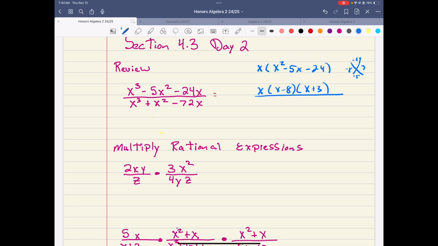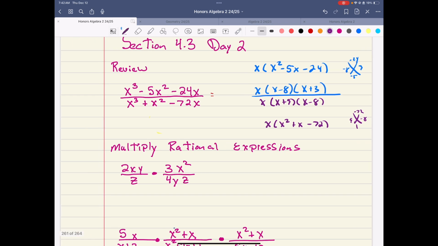On the bottom one, I'll change colors and go the other direction. Factor out an x. It gives me x squared plus x minus 72. So that's negative 72 and 1, so 9 and negative 8. x plus 9 and x minus 8.